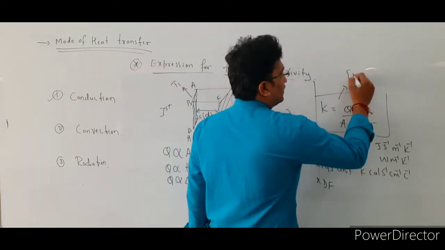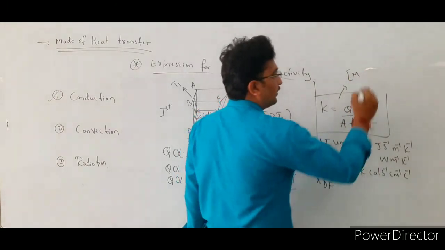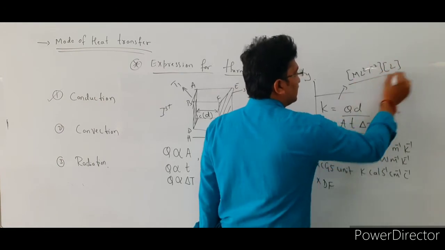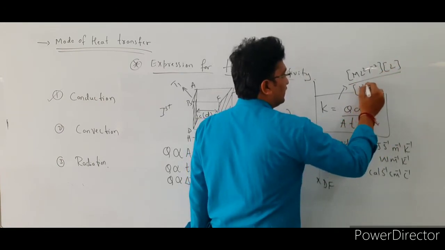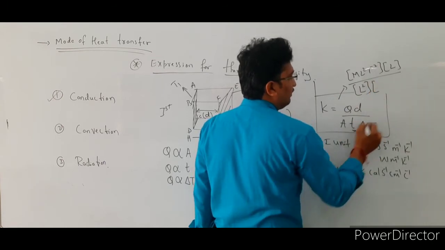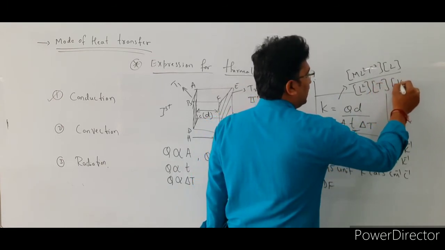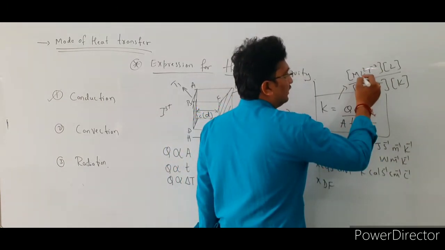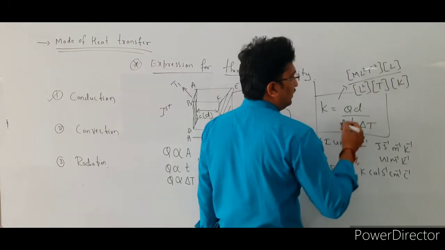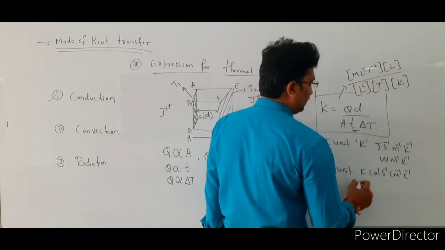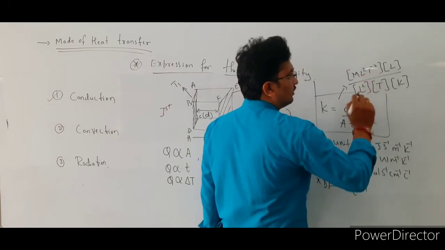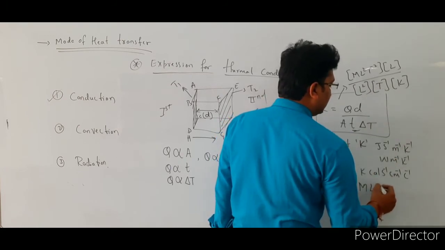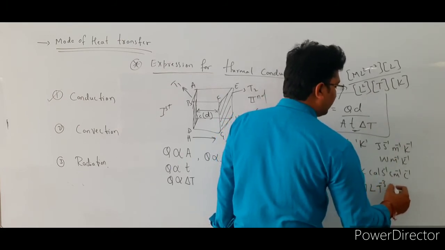We already know the dimension formula for energy is M L square T to the power minus 2, the dimension formula for distance is L, for area is L square, for time is T, and for change in temperature is K. Then this L square and this L square, both get cancelled, the remaining is L. M stays as it is, so M L T to the power minus 3 K to the power minus 1.